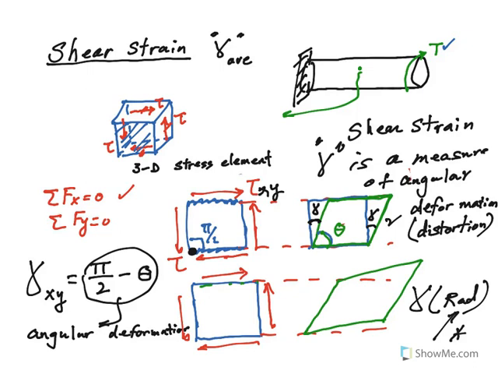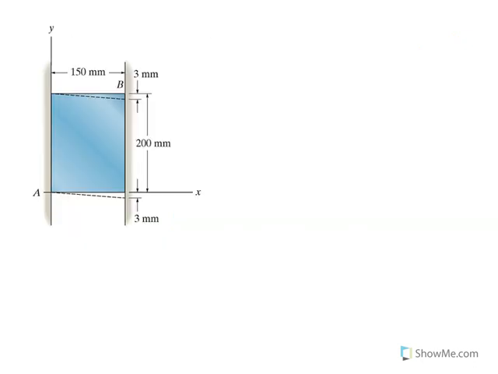Let me move to the next page and show you a very, very quick example. Look, here what we have is a rectangle which is initially in the blue shape, and then due to some forces or stresses acting on it, it is going to turn into the red shape here.